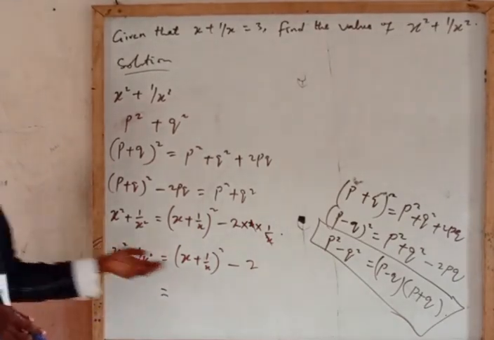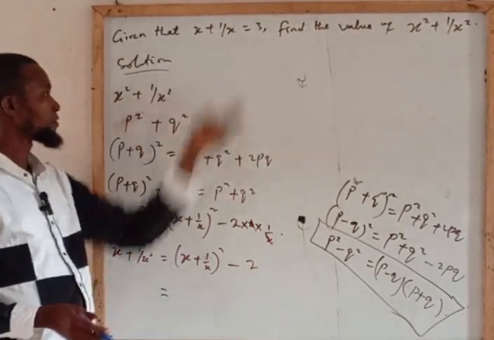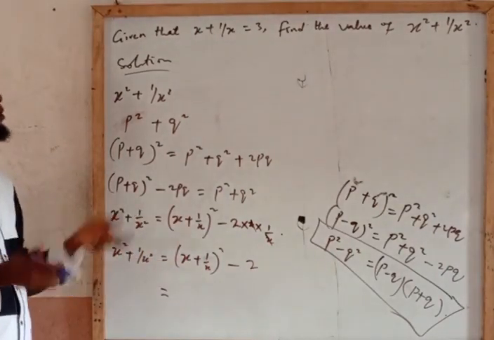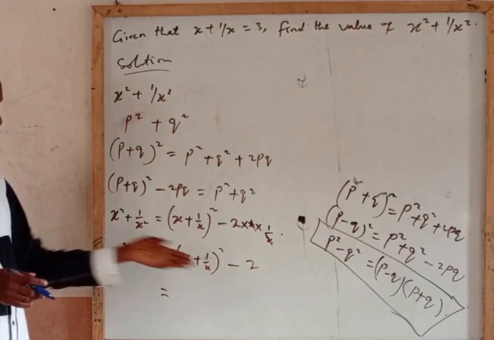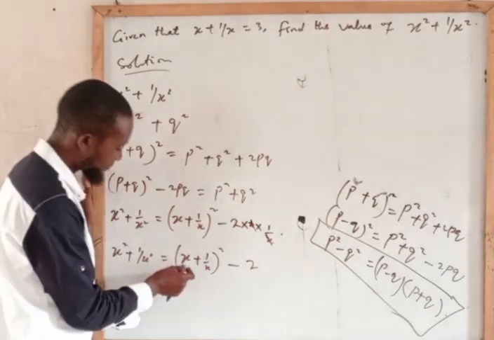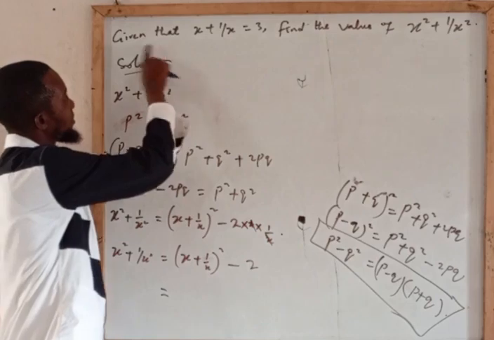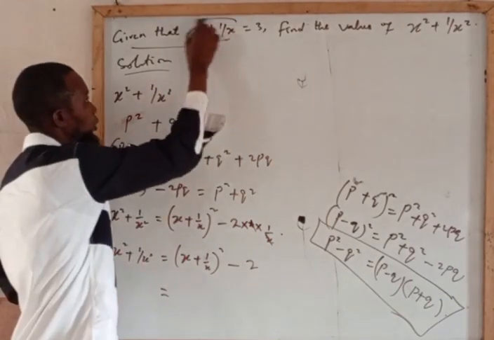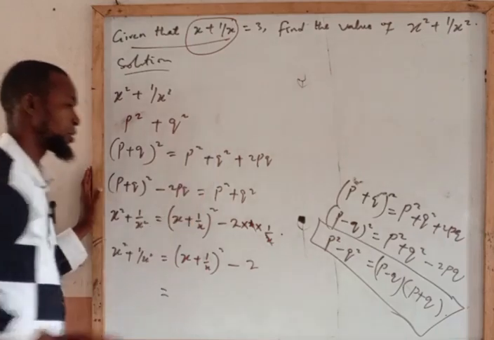So from this junction now, I have no choice other than to refer to the given. And you can see we've not even thought of the given in this question. So the given will be useful now. We have x plus 1 over x, and the meaning of the given is that anywhere you see this relationship, go and call it 3.